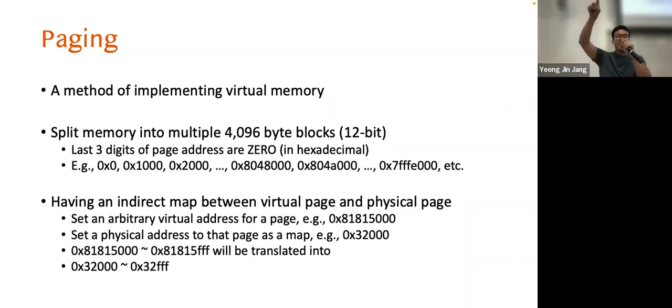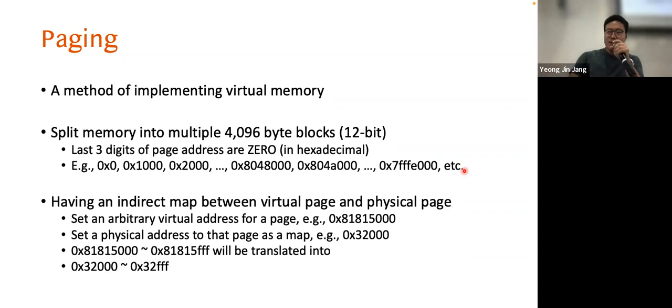Suppose you have linear memory like this, and we split the physical memory at 4 kilobyte granularity, starting from 0, 4 kilobytes, 8 kilobytes, and so on. Likewise, just as we have a global descriptor table to fetch the base and the limit address, we have a table, the so-called page table, to indirectly map a virtual address to a physical address.